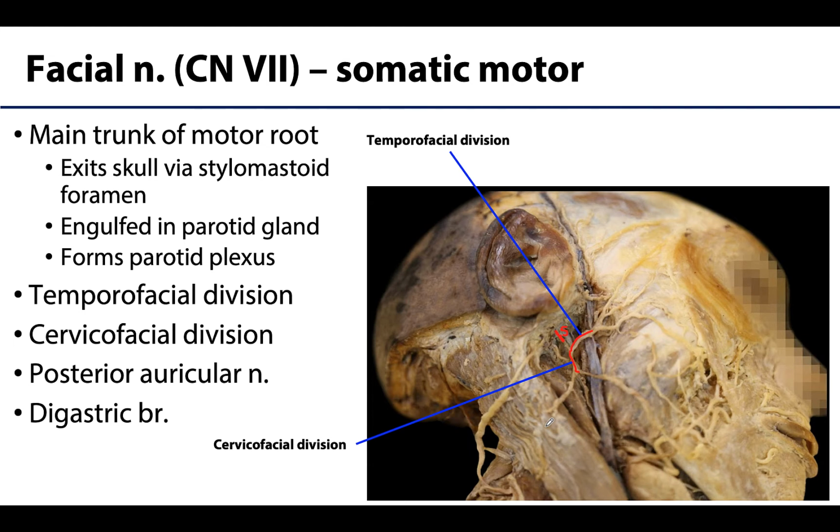This nerve will innervate the auricularis posterior and the occipital belly of the occipitofrontalis muscle. And there will also be a digastric branch of the facial nerve, which will efferently serve or innervate the posterior belly of the digastric as well as its close neighbor, the stylohyoid muscle.